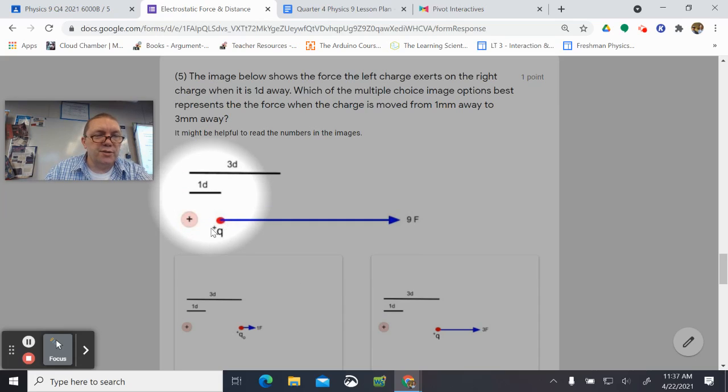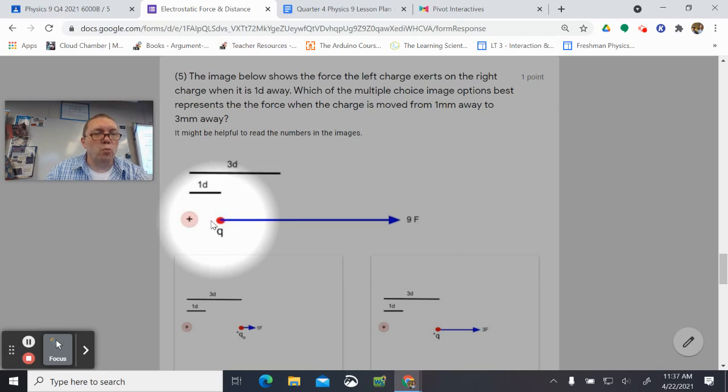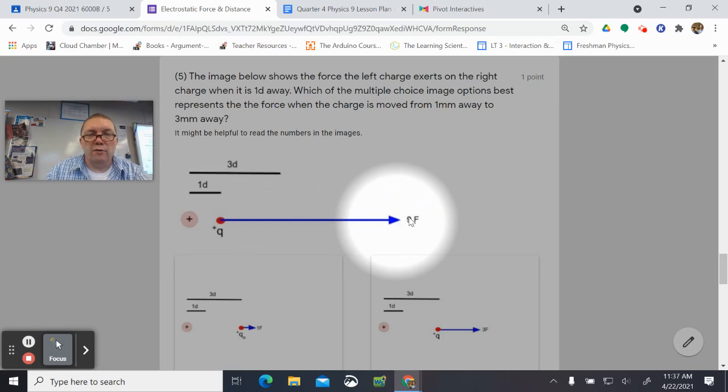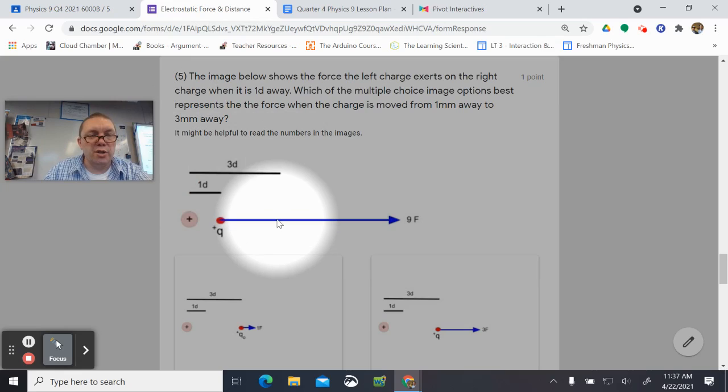They're at a distance d, and the force on this charge is 9F. So when these two are a distance 1d away, the force on them is 9F. Now, if we go to a distance that's triple that, a distance of 3d away, what would be the force on the object when we put the charge here?